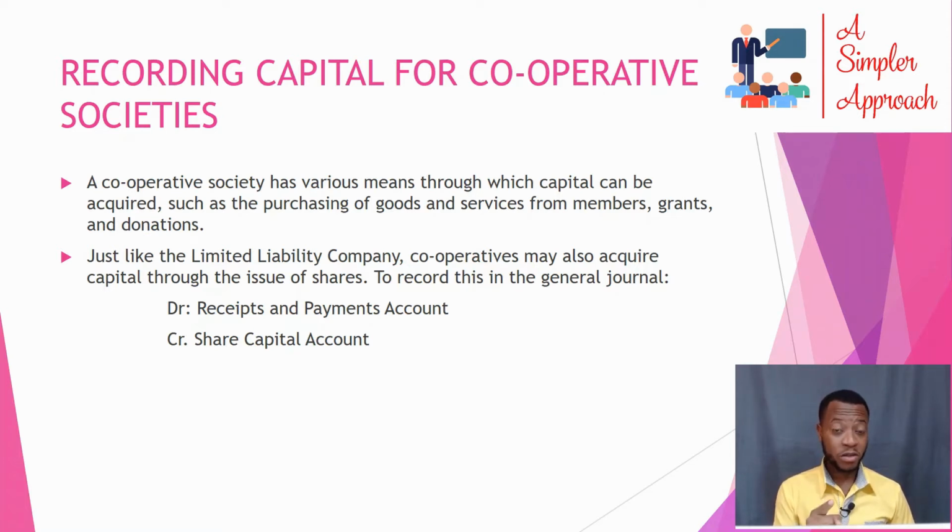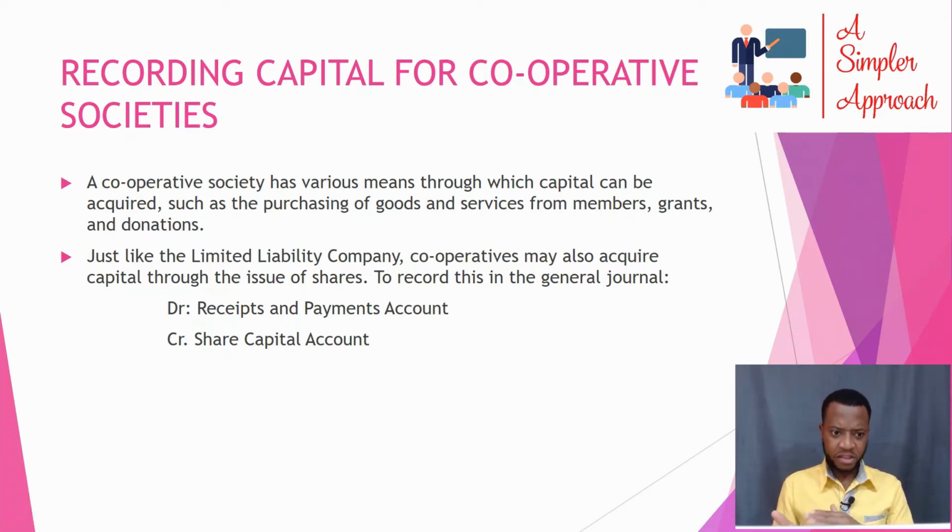And the response to that would be, for cooperative societies, the place where they do all of the stuff that the cash book does is called the receipts and payments account. In other words, for regular entities, it is called the cash book.